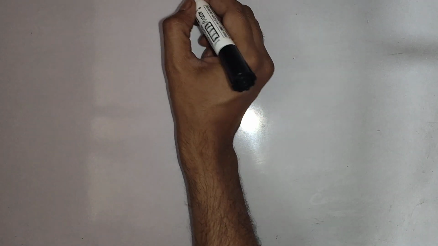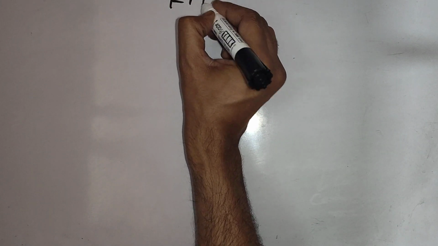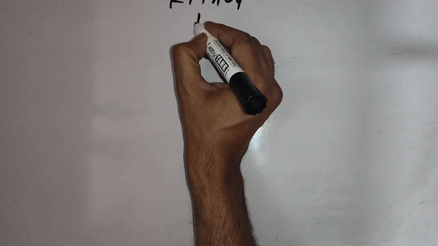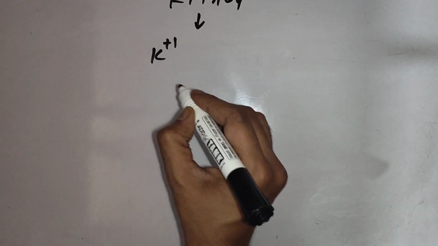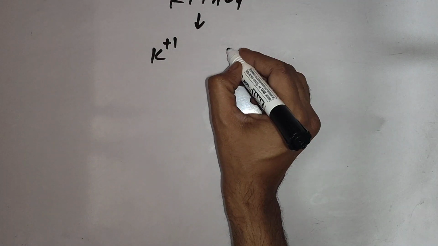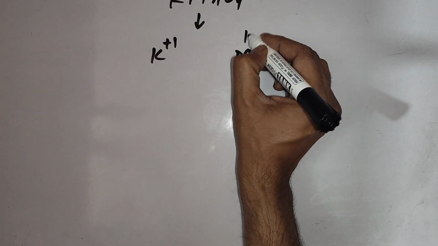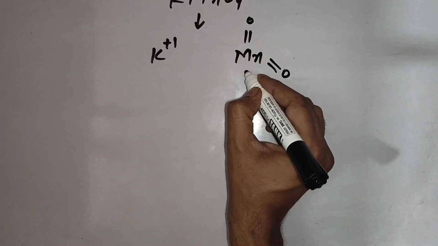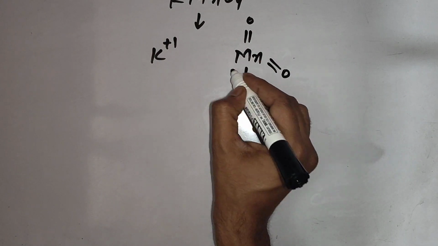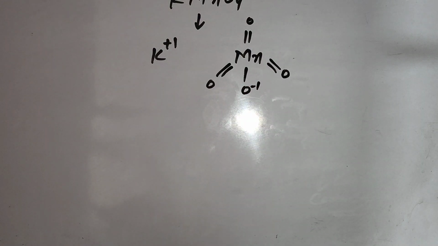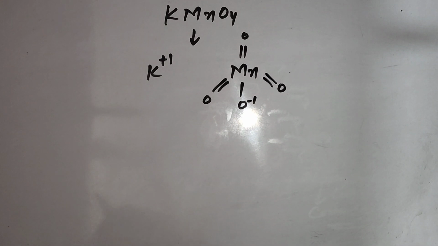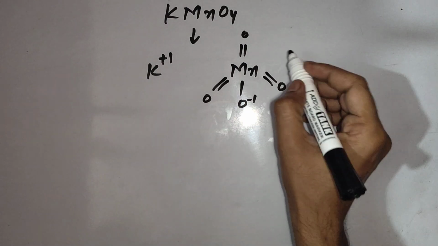First of all, we need to understand KMnO4. It's a salt which has the cation potassium and the anion MnO4, which has a tetrahedral shape.